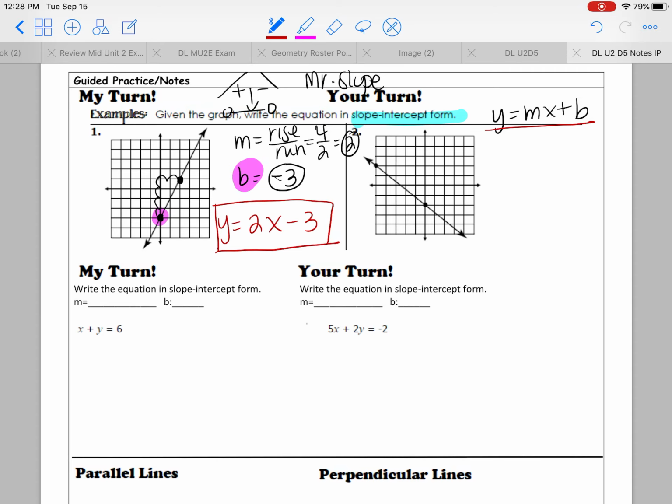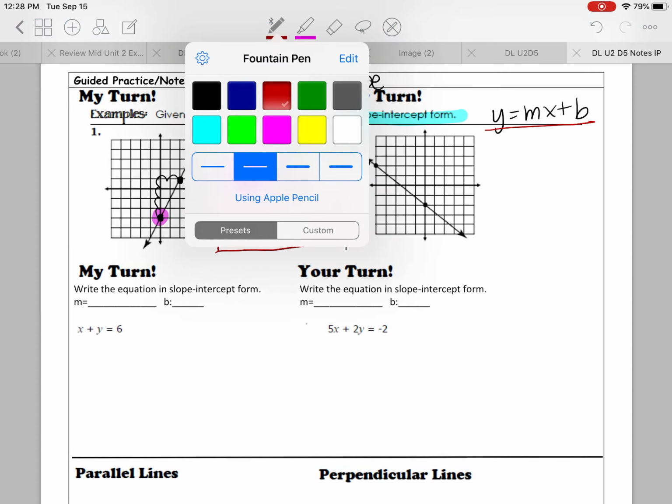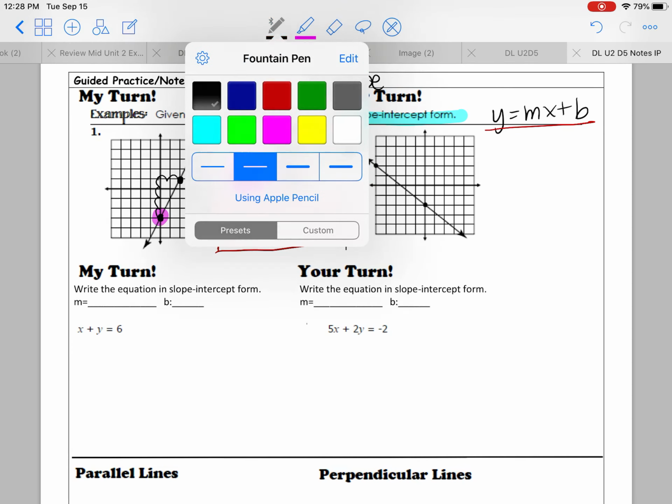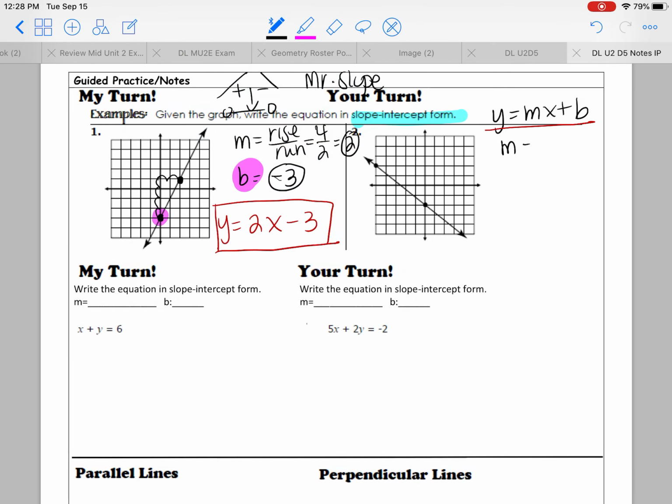Okay, so now for the next one, I'm going to do the same thing. I need to find my slope and I need to find my y-intercept. Once again, my y-intercept is the point where the line crosses the y-axis, which in this case is going to be negative 2. And to find my slope, I do rise over run.